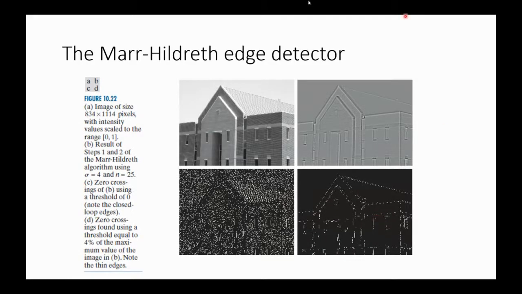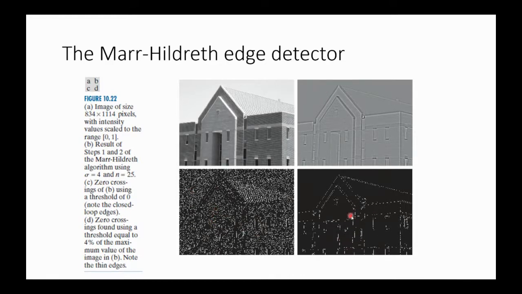So same image. This is step 1, the blurring when we pass the Gaussian filter, and this is when you get the gradient. And this is when I use the zero crossing and thresholding up to a certain degree.